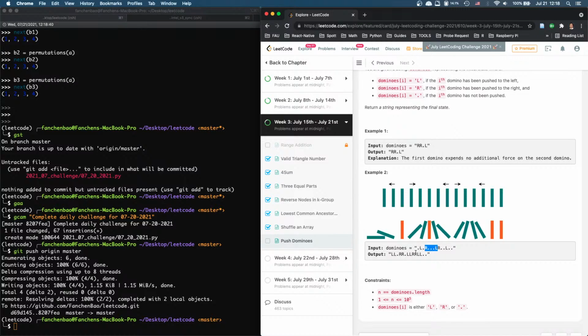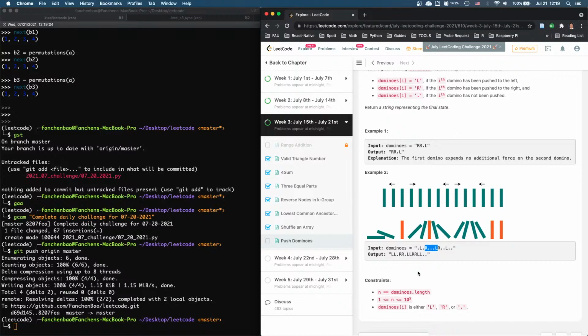Or we just say we have a left, so we look, I mean, if we have a left, it screams stack in my head, but I don't know how I'm gonna do it.